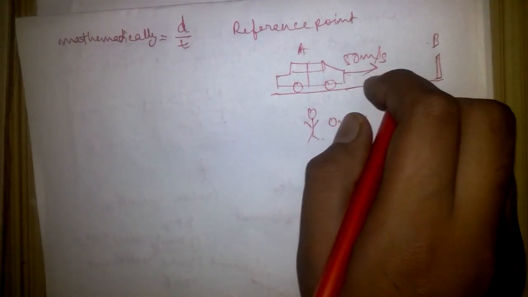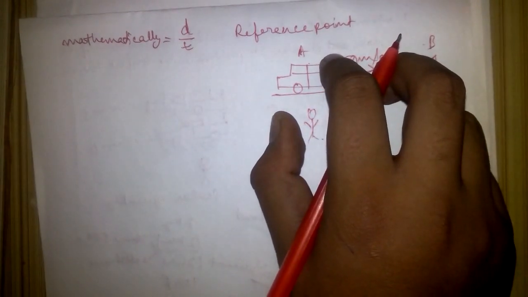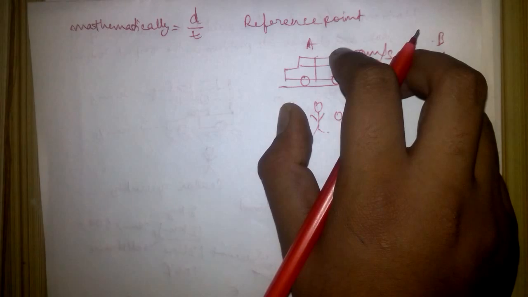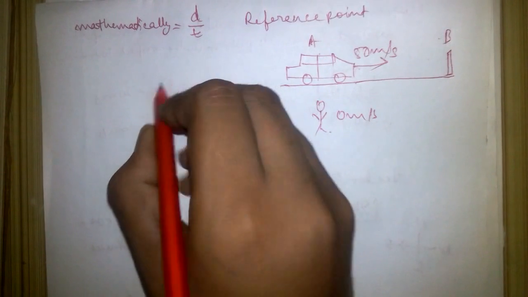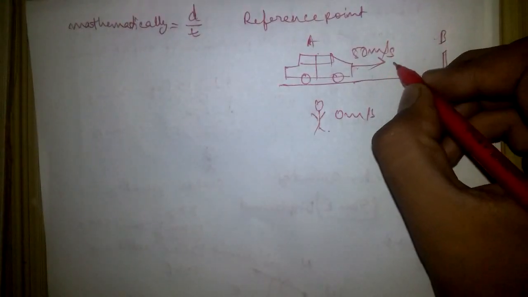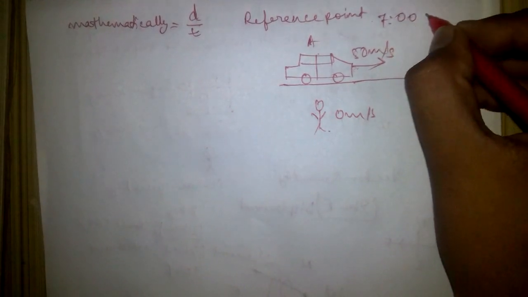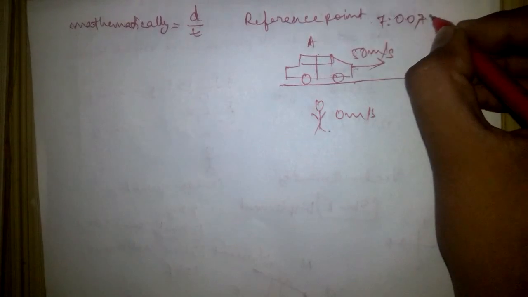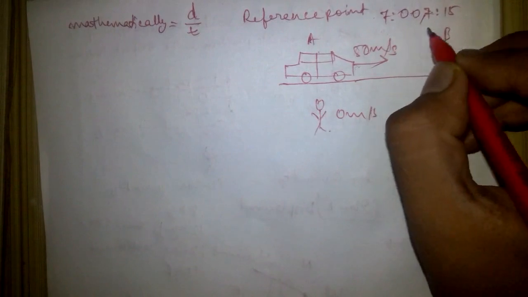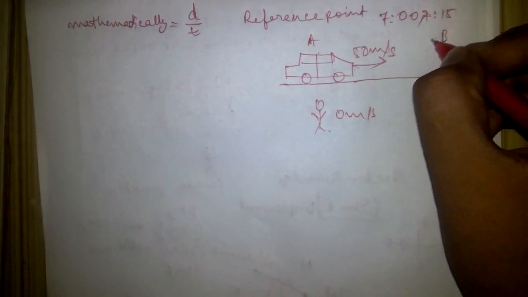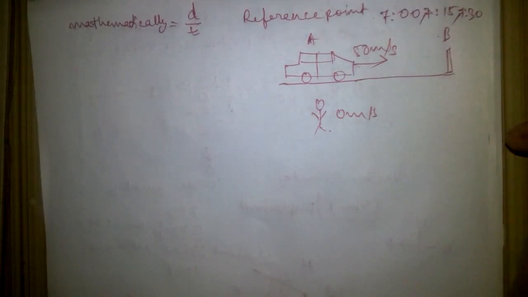Now let me introduce you to uniform motion. Velocity we will think about later. So what is uniform motion? Suppose this car is moving with 50 meter per second and you observed it at 7 o'clock. After 15 minutes, at 7:15, the car speed was 50 meter per second, and after 15 more minutes, at 7:30, the car speed was still 50 meter per second.